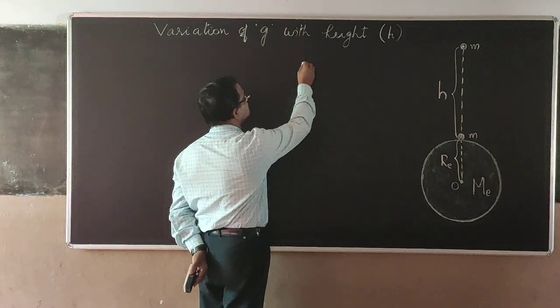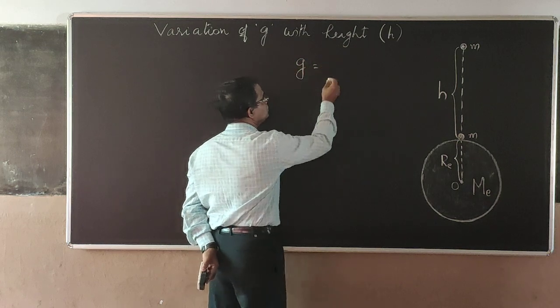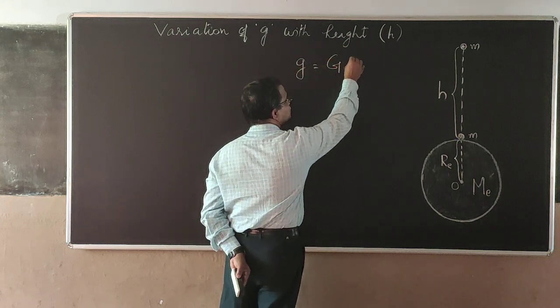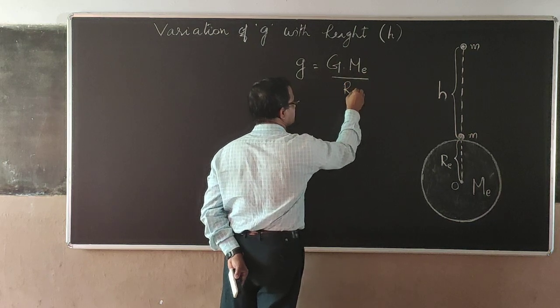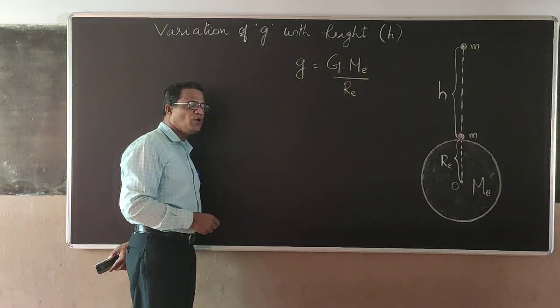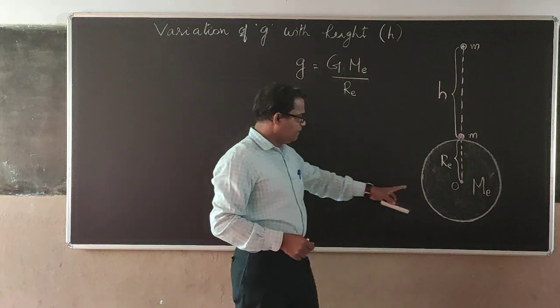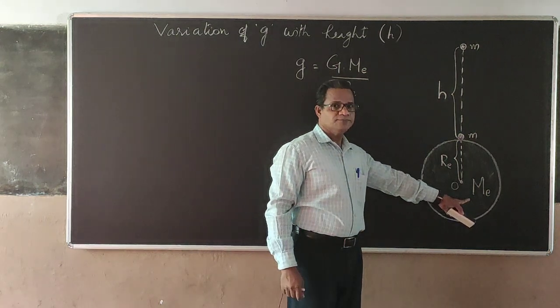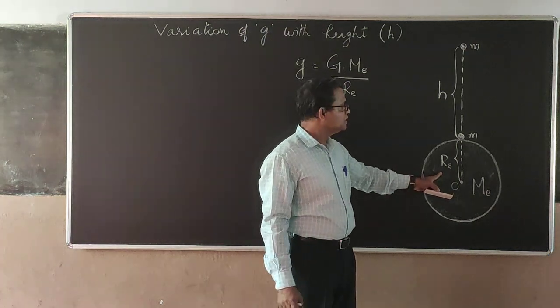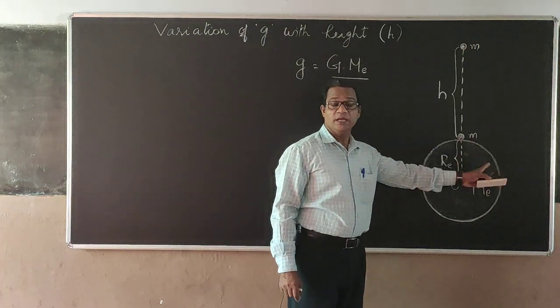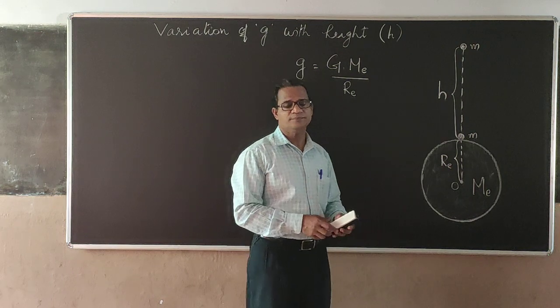that is g equal to G into ME by RE, where ME is the mass of Earth, RE radius of Earth, assuming Earth to be a uniform sphere.